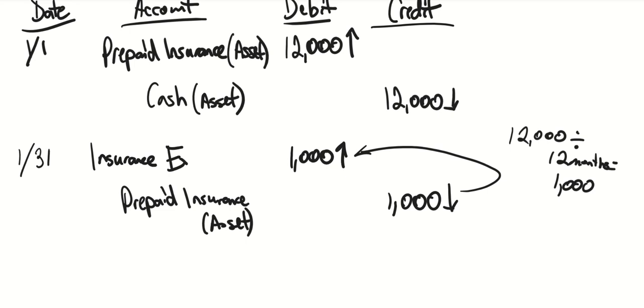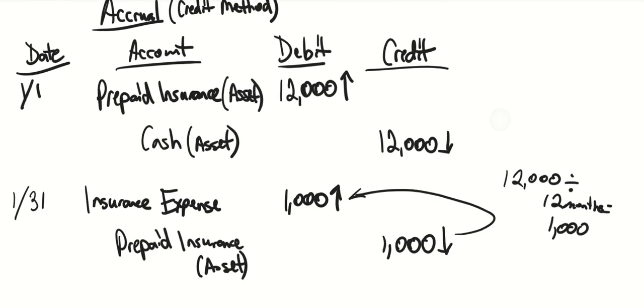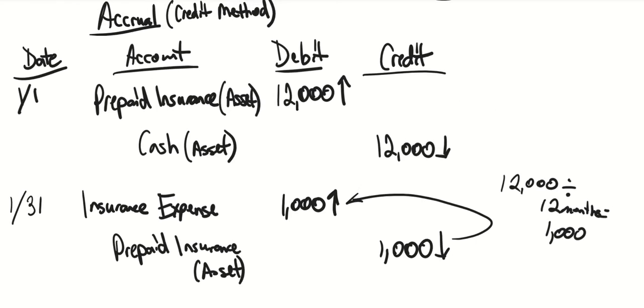This is us expensing what was used up. This is why the accrual accounting method states that to recognize an expense, it has to be incurred. It has to be used. It doesn't necessarily mean that the cash was spent. It has to be used up or incurred.